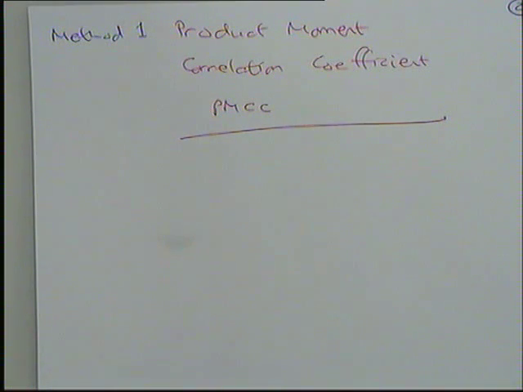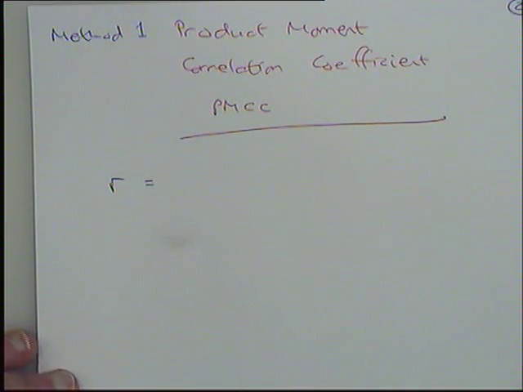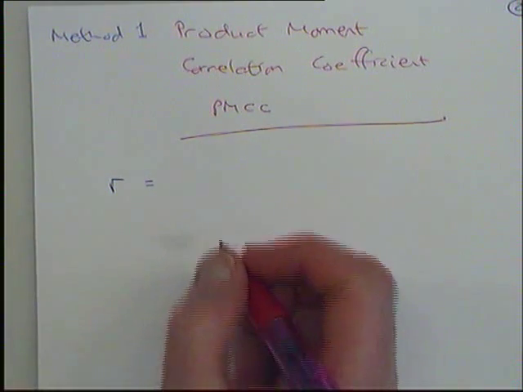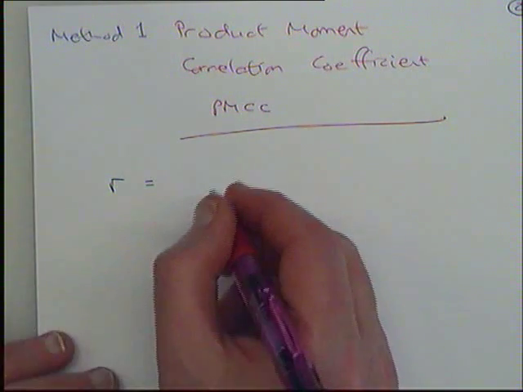And it has its own formula. It's denoted by the letter R, which isn't particularly obvious, and its formula is this.